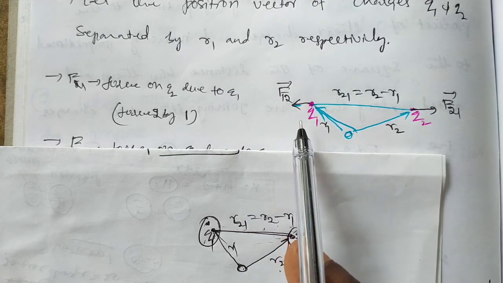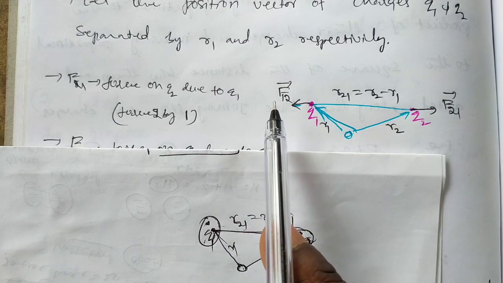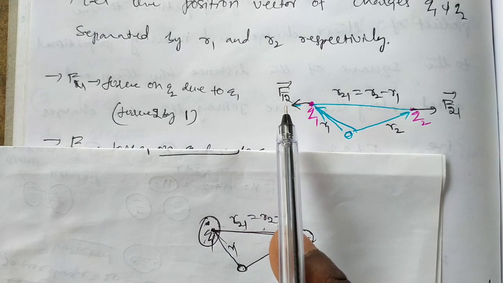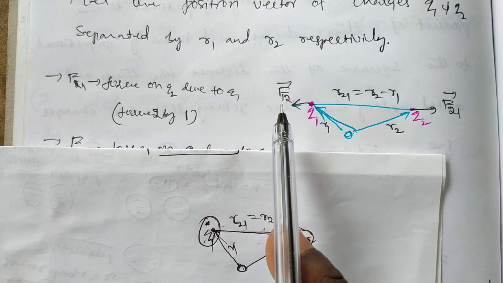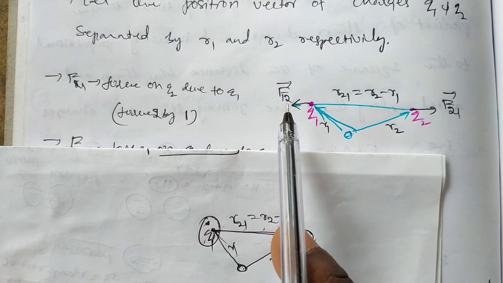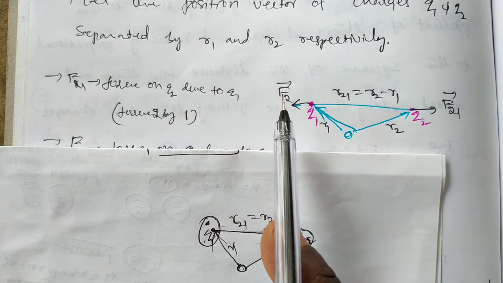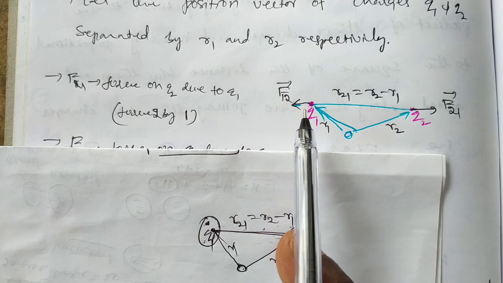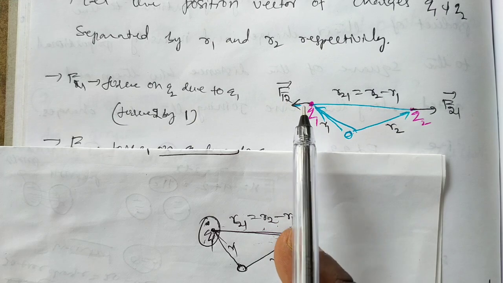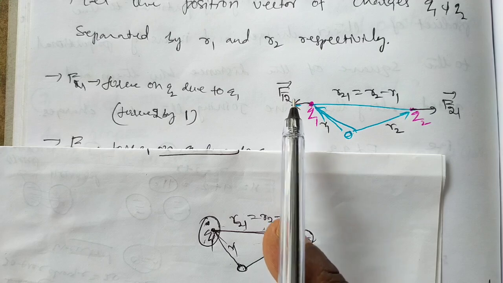Suppose F12 is the force on the first charge Q1 due to the second charge Q2.